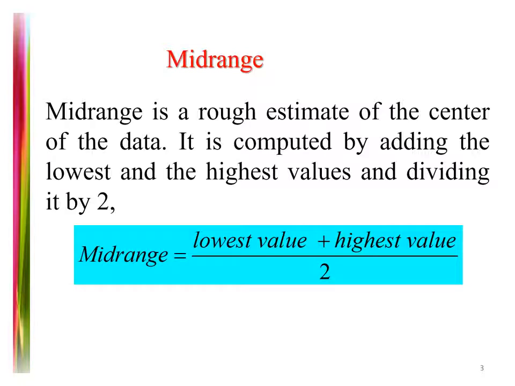This is just a rough estimate, because the calculation depends only on particular observations in your data, the lowest value and the highest value. So this is not a good method of central tendency, but maybe 40 or 50 years back people used this way, mid-range.